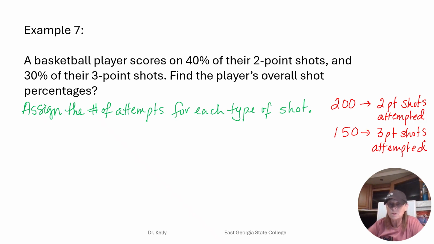And you could do it another way. But the thing is, however you figure this out, you have to be able to back it up, right? You have to say, I think that the player's overall shot percentage looks like whatever we're fixing to figure out based on there being 200 attempts at 2-point shots and 150 attempts at 3-point shots.